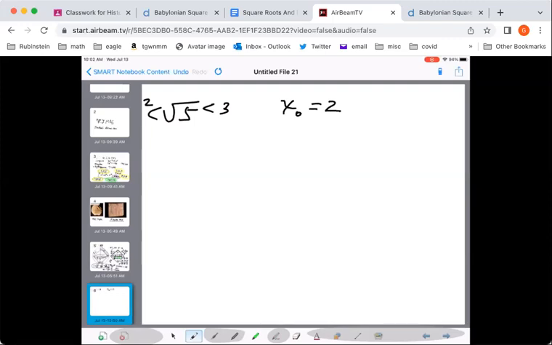The truth is you could start with any x0 you want. I sometimes write it like this: there's a mathematical notation that looks like that. It means the floor function, which just means round down. So it basically means find the biggest integer that's less than the square root of 5, and that will be our first guess.